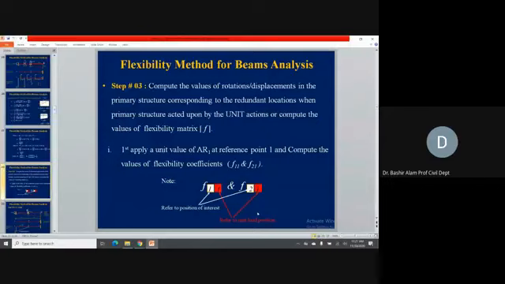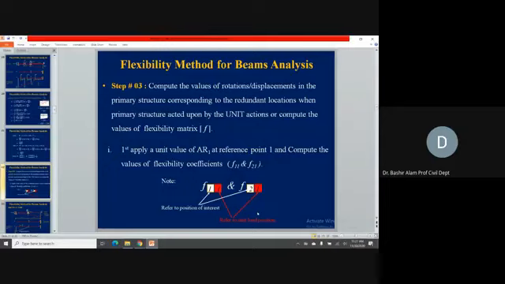Compute the values of rotation or displacements in the primary structure corresponding to the redundant locations when the primary structure is acted upon by the unit actions, and compute the values of the flexibility matrix F. First, apply a unit value of AR1 at reference point 1 and compute the values of flexibility coefficients F11 and F21.